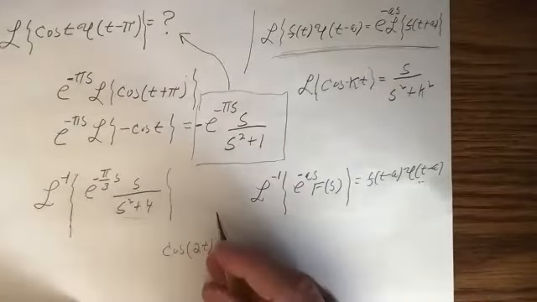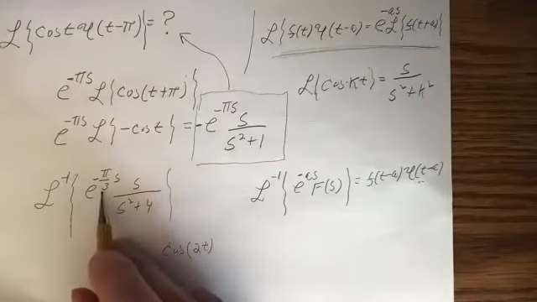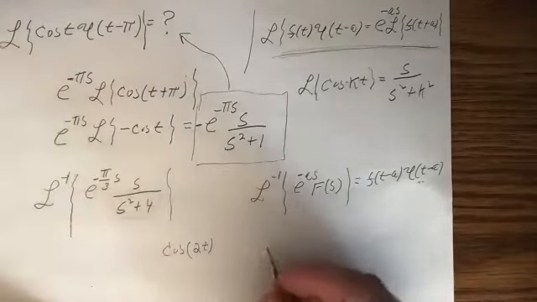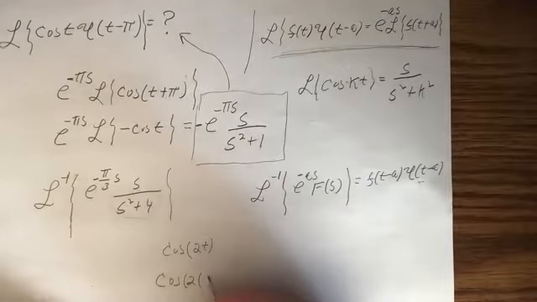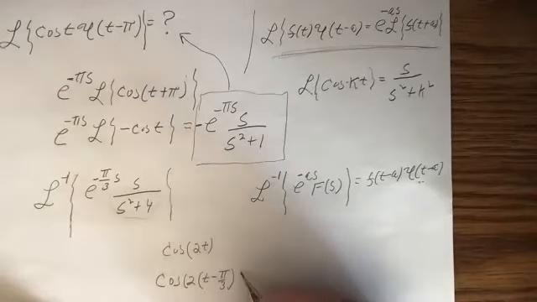So my answer is going to be the cosine of 2, where the t has become t minus pi over 3. And because of this, I'm going to have the unit step function.